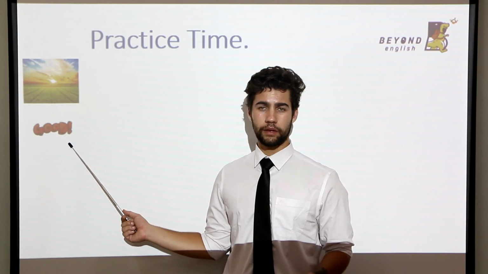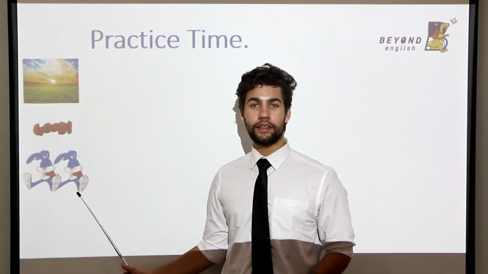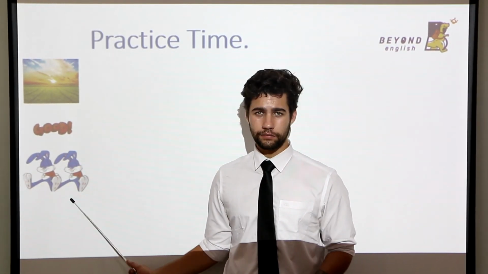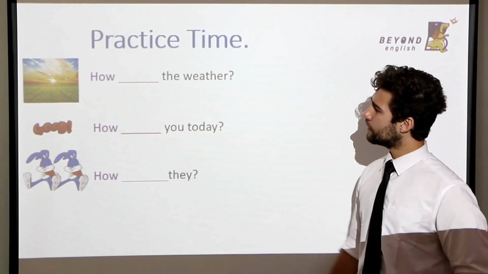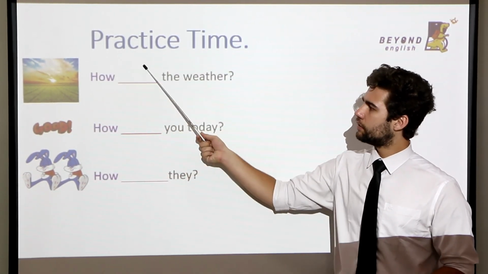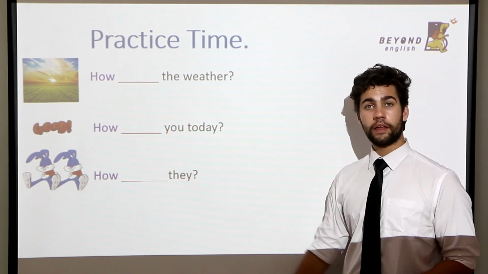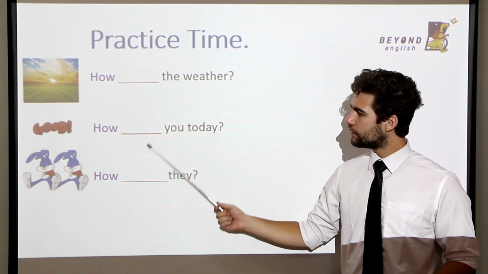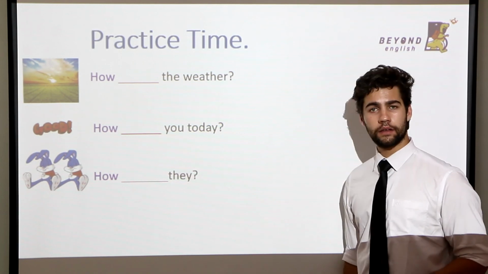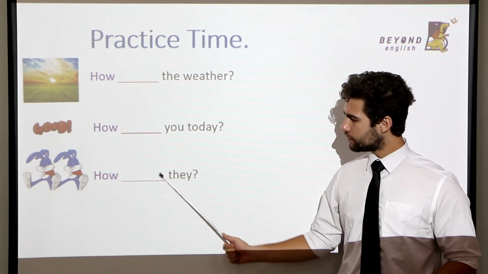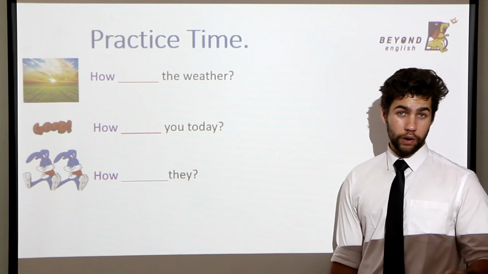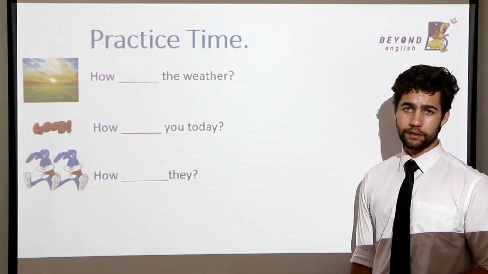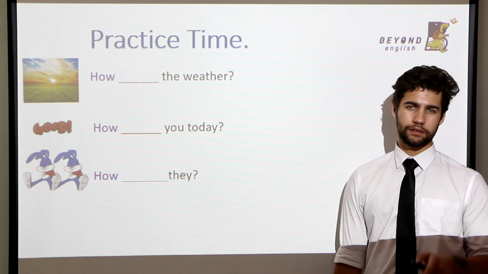Well done. And last, tired. Now, let's look at some sentences. How, the weather. How, you today. And how, they. Write down the correct form of the verb to be. You have 1 minute. Let's go.